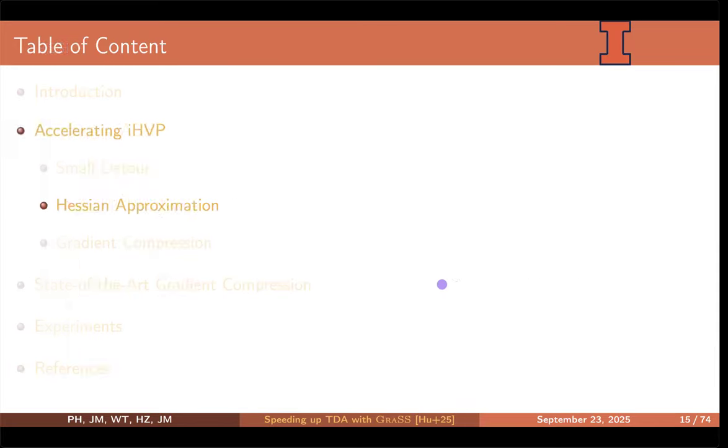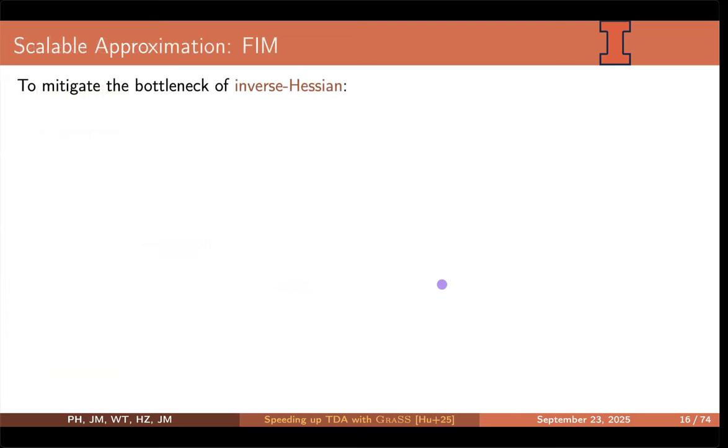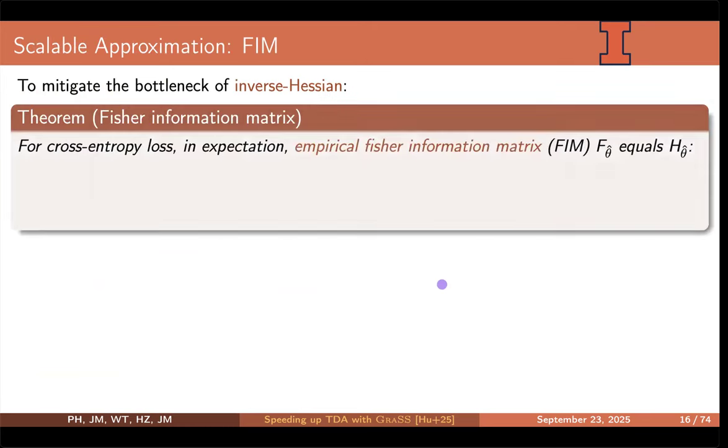Now we're going to talk about two of our main techniques to accelerate IHVP in our context, which is computing influence functions. First is Hessian approximation. To mitigate the bottleneck of computing the inverse Hessian, there's a famous theorem we can use.